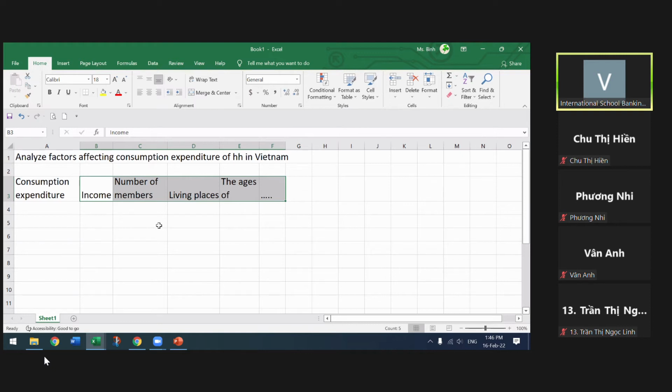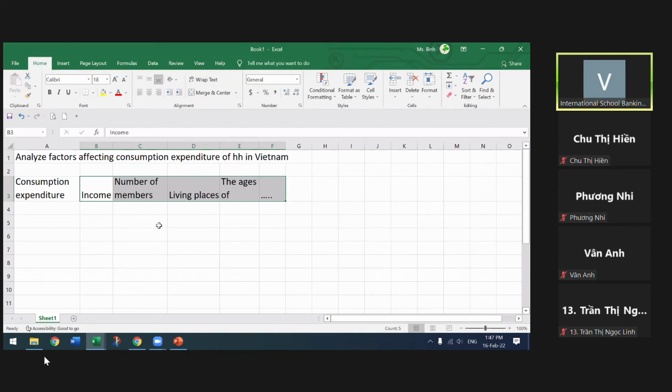Because by the theories, we know very well that the number of members could affect the consumption expenditures. But when we go to collect the data on the number of members of the family, we don't have information on this variable. So we cannot include it in the model.